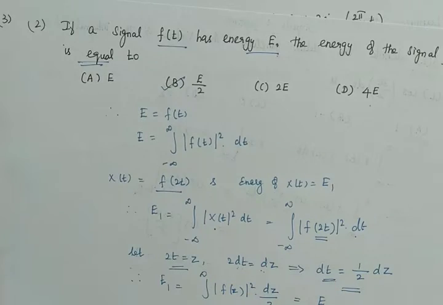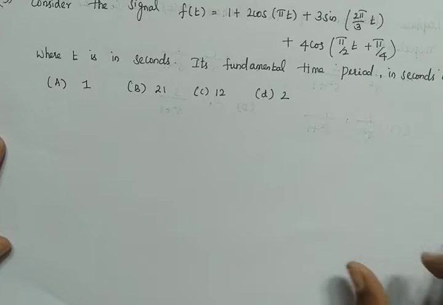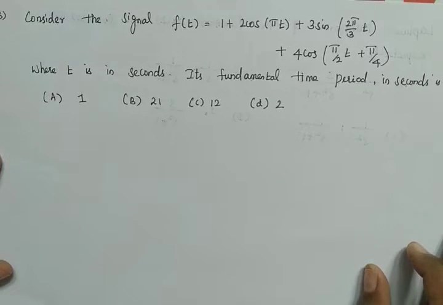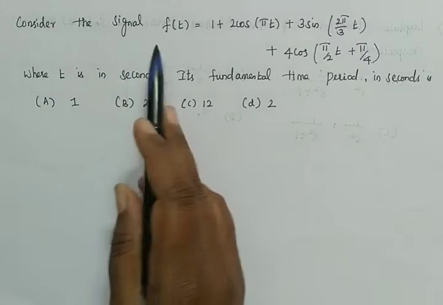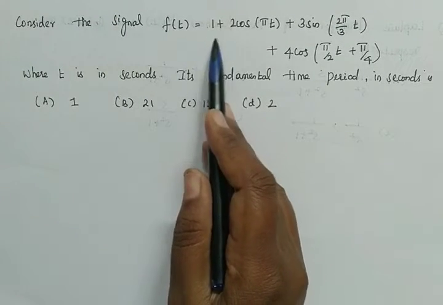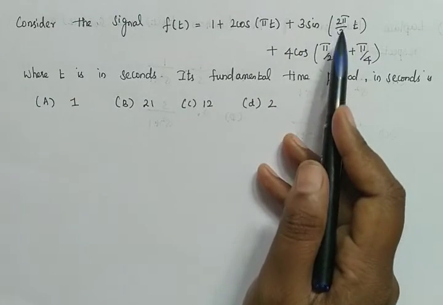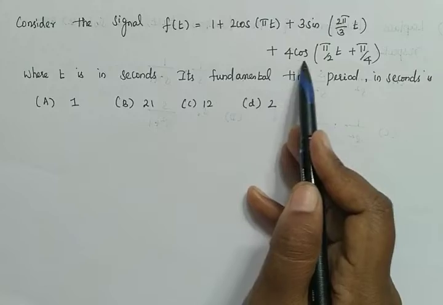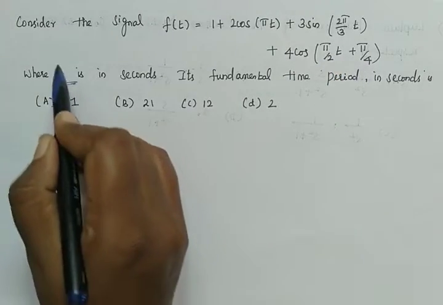Now let us move on to the next problem. Consider the signal f of t is equal to 1 plus 2 cos pi t plus 3 sin 2 pi by 3 t plus 4 cos of pi by 2 t plus pi by 4, where t is in seconds.